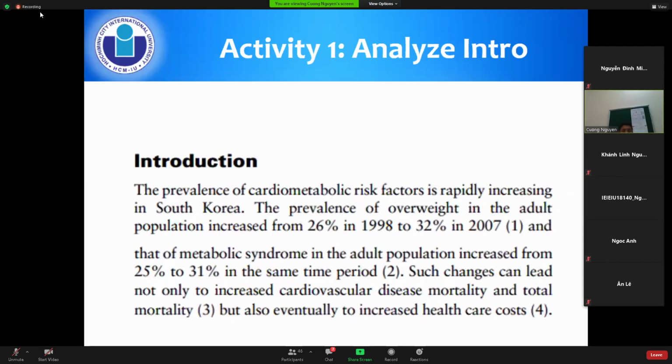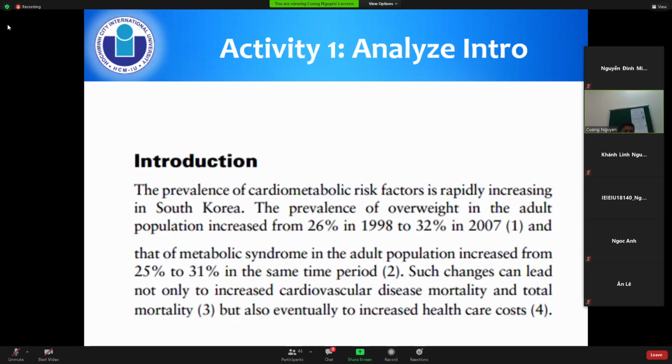The prevalence of overweight in the adult population increased from 26% in 1998 to 32% in 2007. And that of metabolic syndrome in the adult population increased from 25% to 31% in the same time period.